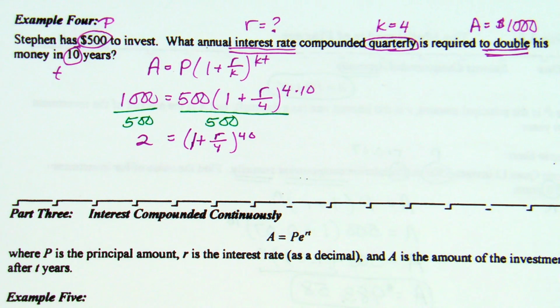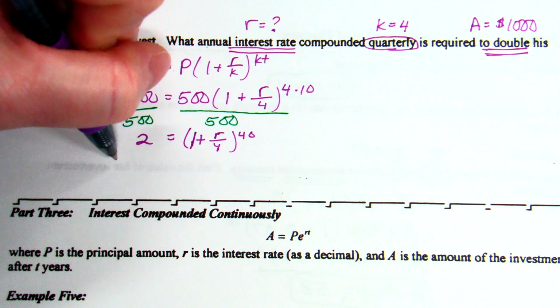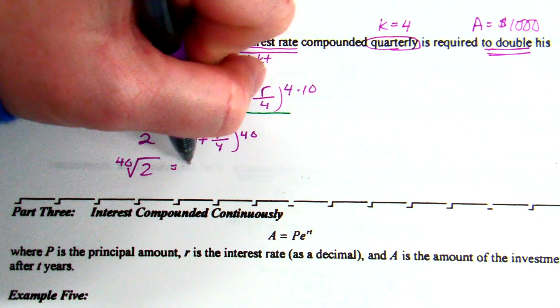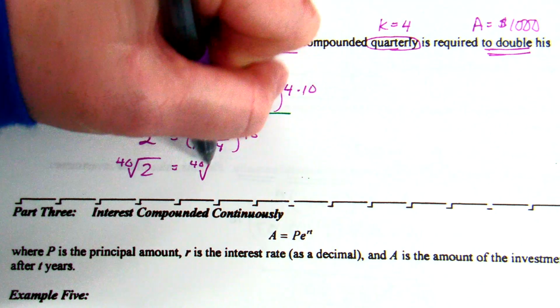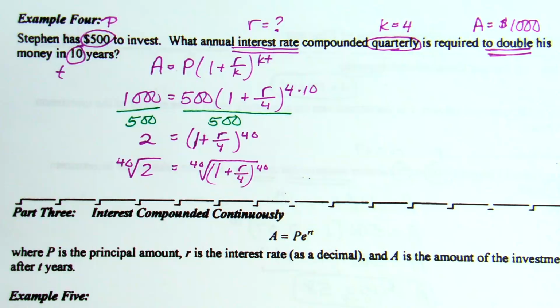If this was 1 plus R over 4 to the second, how would we get rid of the second? We'd take the square root. So since this is a 40th power, we're going to take the 40th root. I would be concerned except that we have fancy calculators, and guess what? They can do any root we want. Okay, so I'm going to take the 40th root. It's going to be the 40th root of 2 and the 40th root of 1 plus R over 4 raised to the 40th.